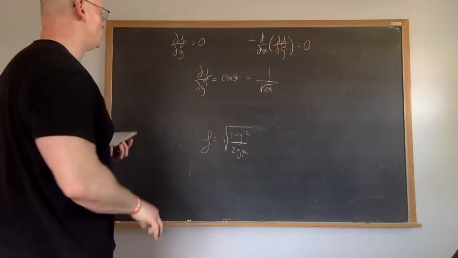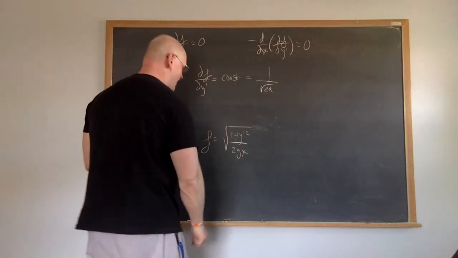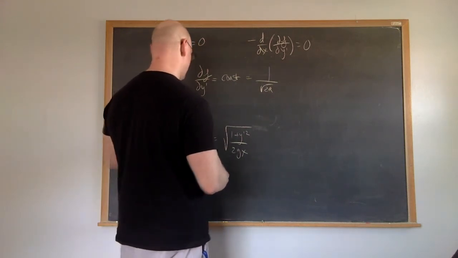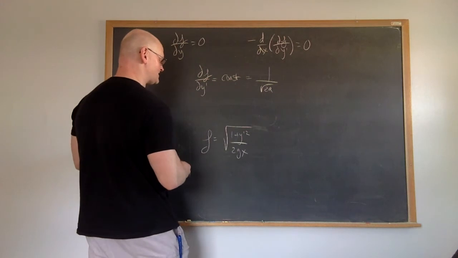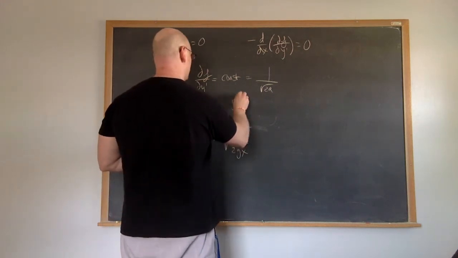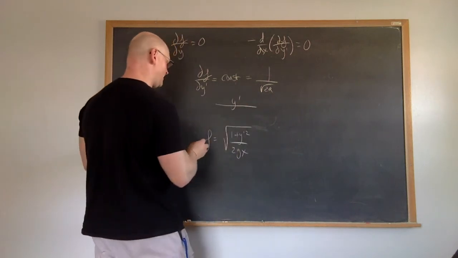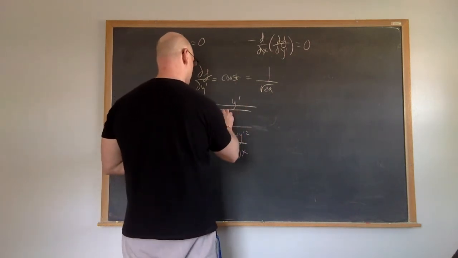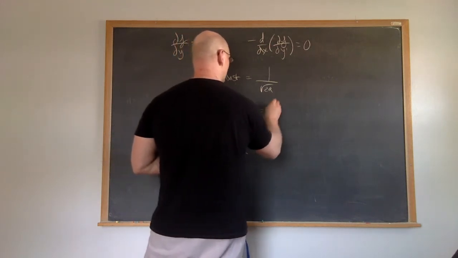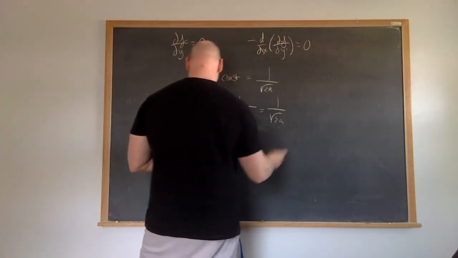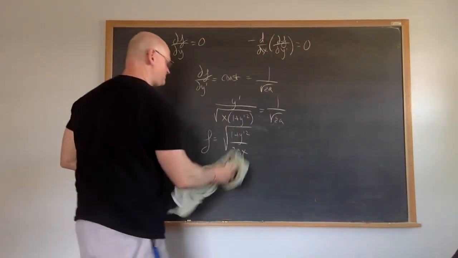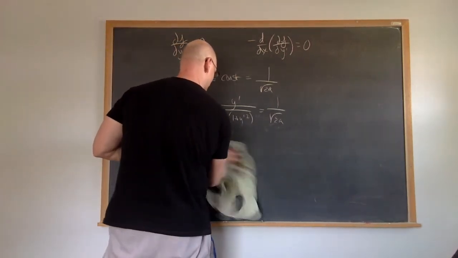So good. So let's plug in f. Let's take derivatives of that with respect to y prime. If I do that, we're going to get, in this case, y prime divided by the square root of x times 1 plus y prime squared, all equal to 1 over the square root of 2a. Good. I don't need f anymore.